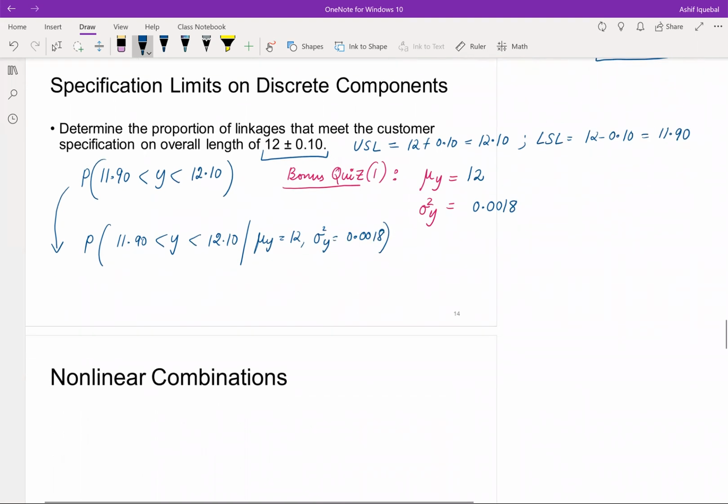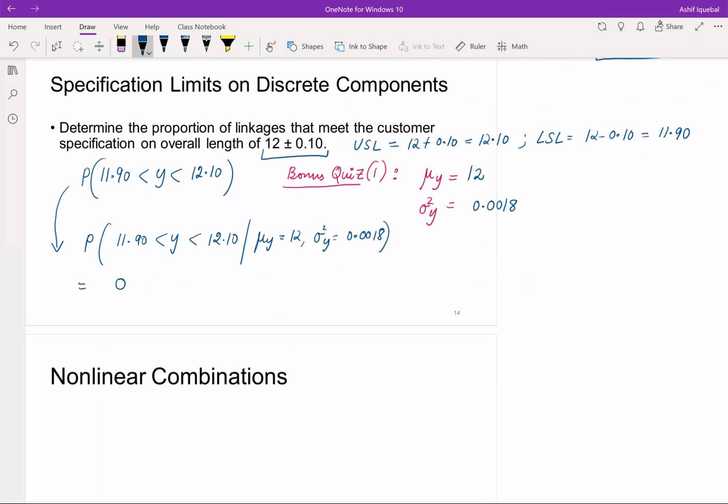And now we can use our standard normal distribution formula, which is phi of (12.10 minus the mean, which is 12, divided by square root of the variance, which is square root of 0.0018) minus phi of (11.90 minus 12 divided by square root of 0.0018).